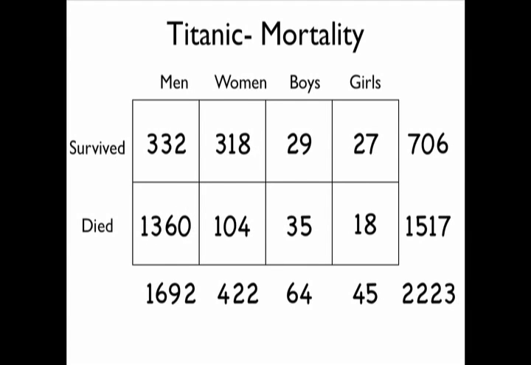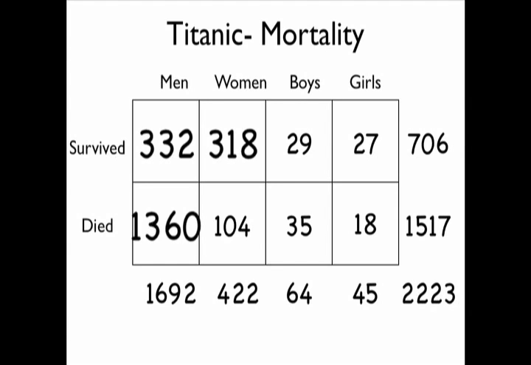We're going to look at the columns now. 332 men survived. 1,360 died. 1,692 men were aboard the Titanic. 318 women that survived, combined with the 104 women that died, indicate that 422 women were aboard the Titanic.